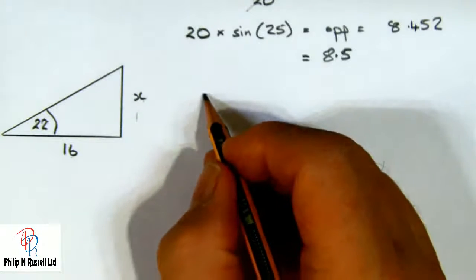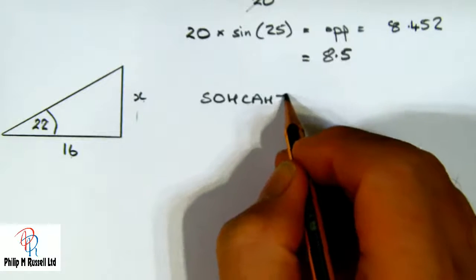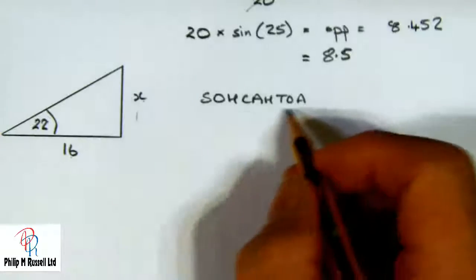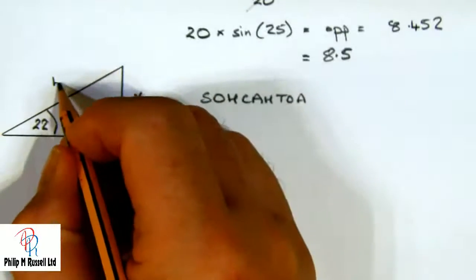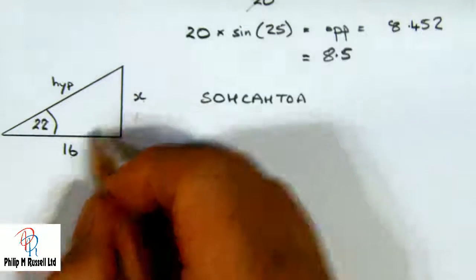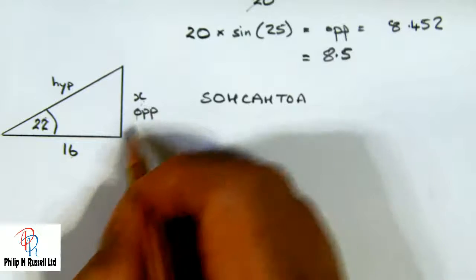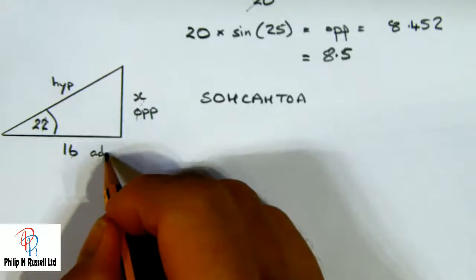So let's start by writing down SOHCAHTOA, and then what we want to do is label our triangle. So hypotenuse, this one is the opposite side, and this one is next to the angle, which is the adjacent.